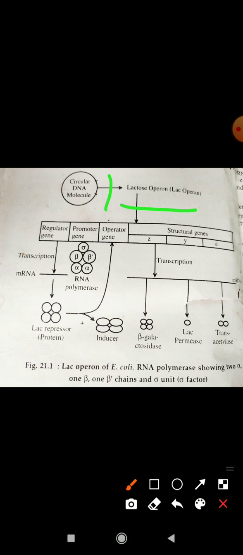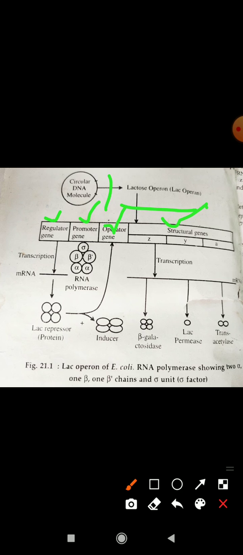So we can see here structural genes, then operator gene, then promoter gene, and near to it is a regulatory gene or regulator gene.